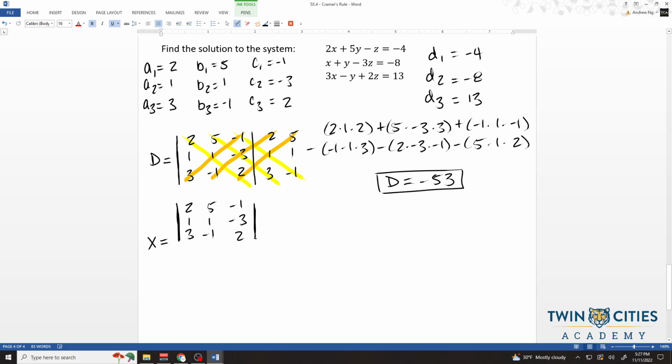The difference here is if I'm looking for x, I replace the coefficients on x with what d is. So I'm actually going to replace 2, 1, and 3 with -4, -8, and 13.